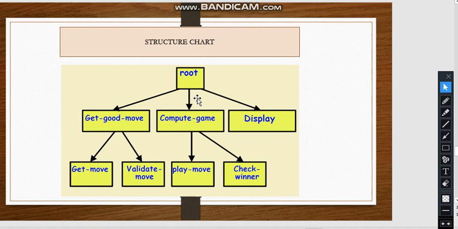Then the move will be made by the computer system. And then the winner will be checked and the result will be displayed. So this is how we represent the structure chart. The structure chart is represented using rectangular boxes and arrows.